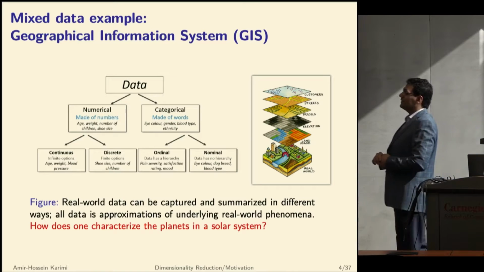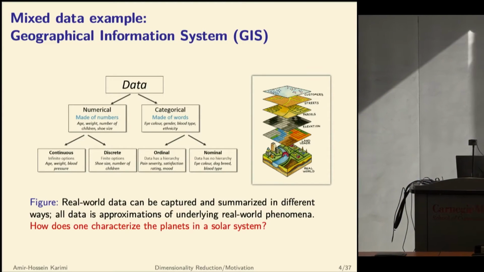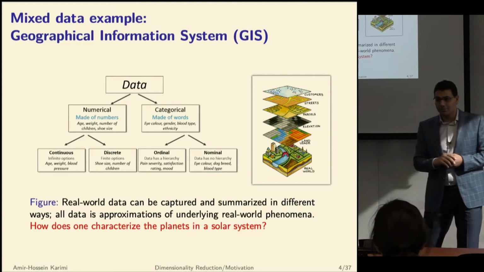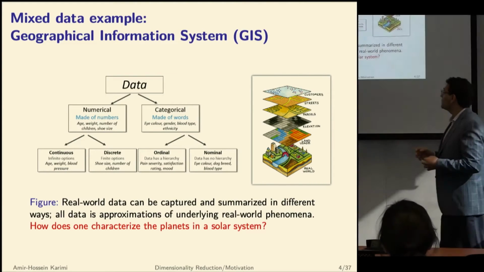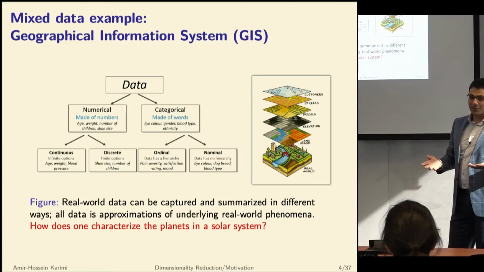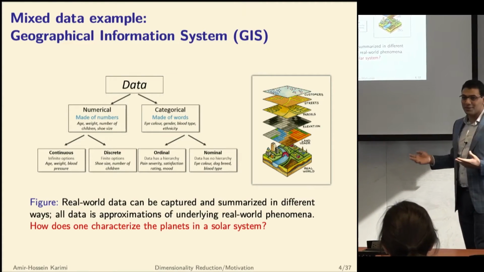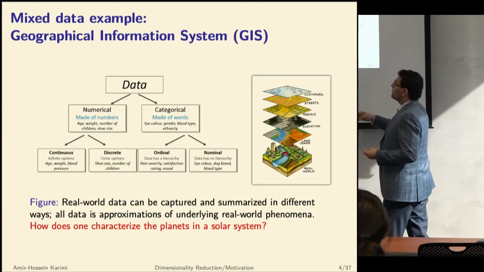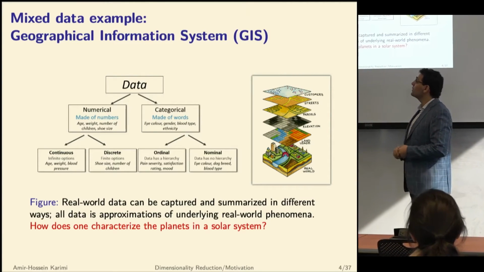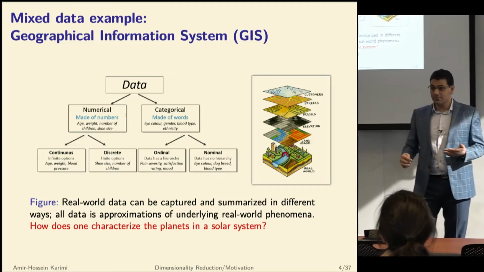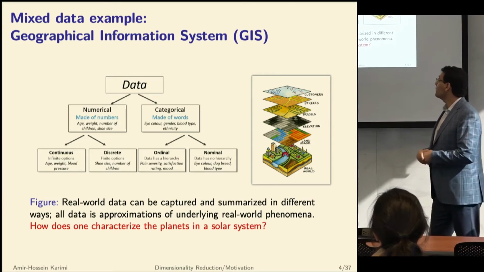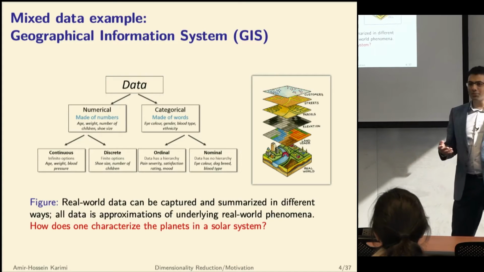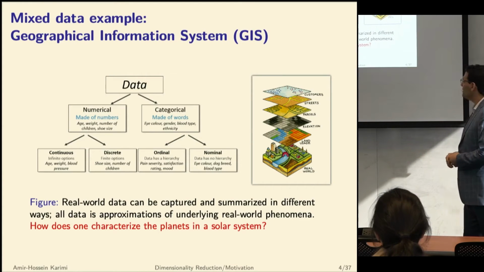Data comes in different shapes and sizes. One way to categorize data is to say that we have numerical data versus categorical data. Intuitively, numerical data is made of numbers, and categorical data is made of words, or can be represented as words. If we want to split them down further, we can consider numerical data as either continuous, such as age and blood pressure and weight, or discrete, which are things like shoe size and number of children or number of faculty in this department.